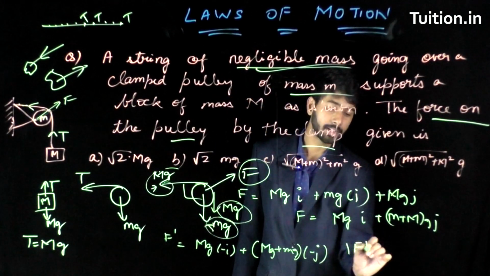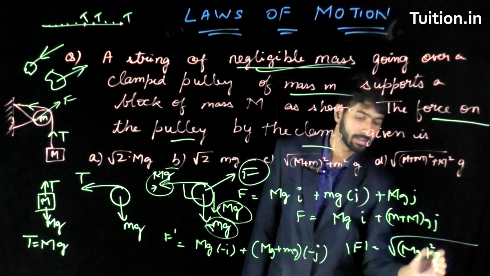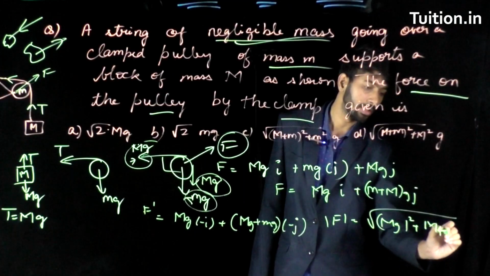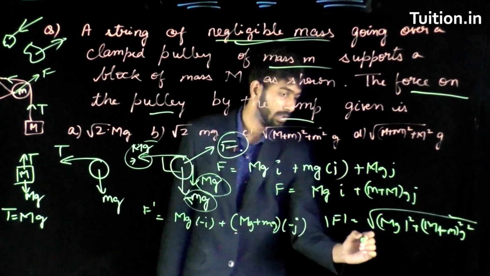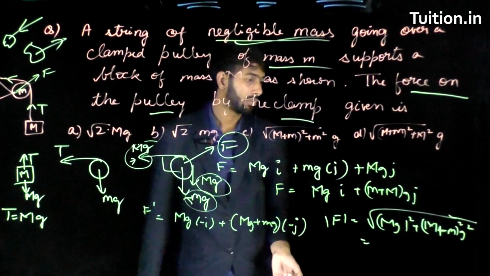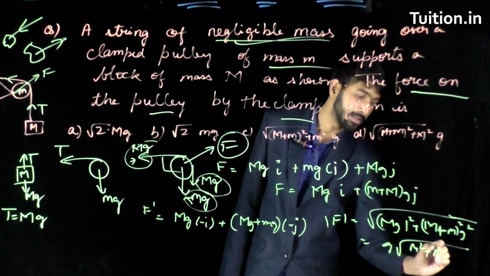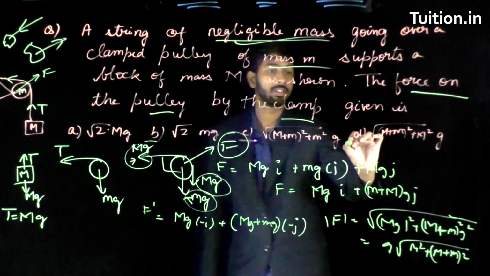So the magnitude of F is the square root of mg whole squared plus M plus m into g whole squared. Taking out g, you get the square root of M squared plus M plus m whole squared. So it is the fourth option.